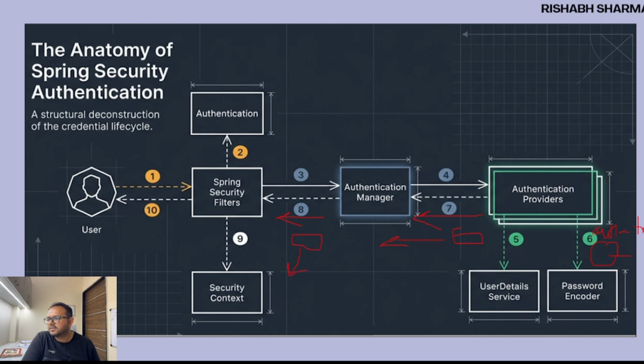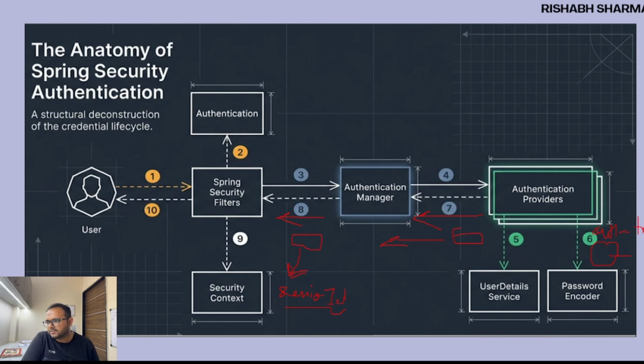The security context stores your authentication object and tags it to a session ID. Whenever you are logged in, a session ID related to the browser is created, and Spring Security context only stores the authenticated user data.